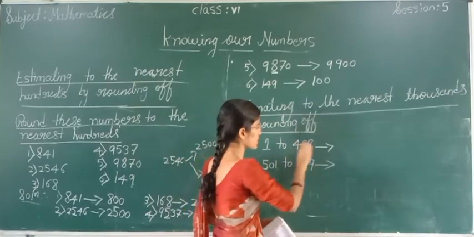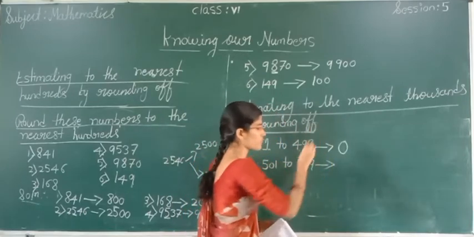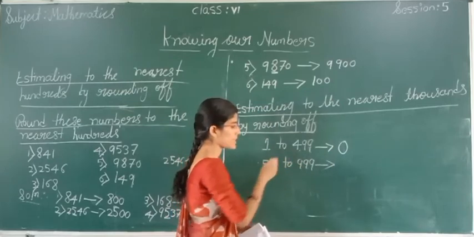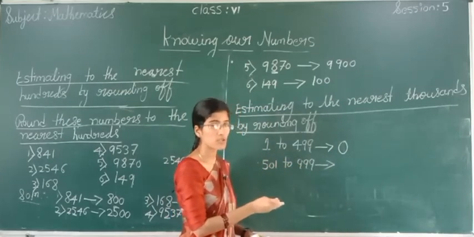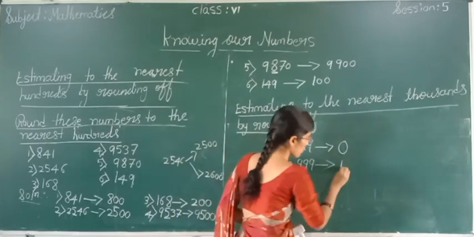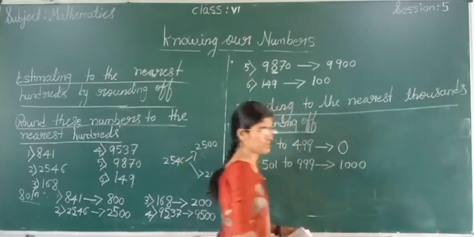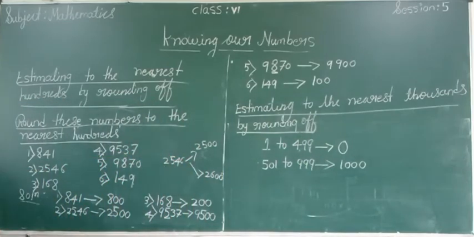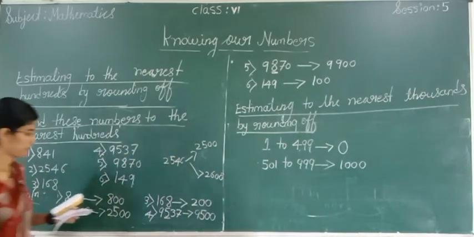Therefore, we will round off these to 0. 501 to 999 are very near to 1000. Therefore, we will round off these numbers to 1000. Okay. For this also we will see all the examples.